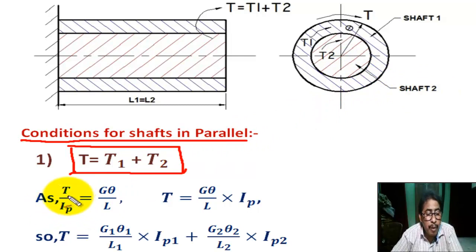Now, from the torsion equation, considering rigidity, T by IP equal to G theta by L. T equal to torque transmitted by shaft, IP equal to polar moment of inertia, G equal to modulus of rigidity for shaft material, theta equal to angle of twist, L equal to length of the shaft.